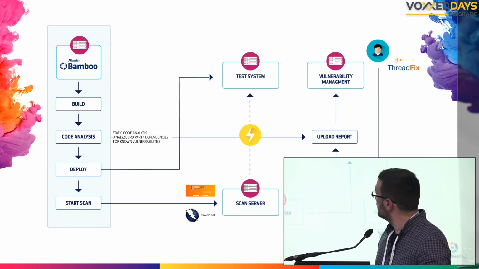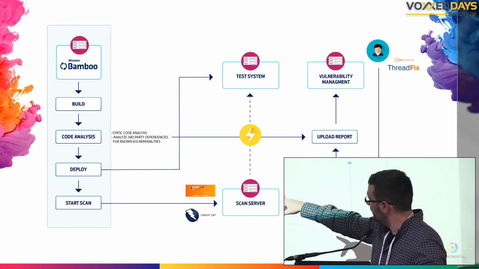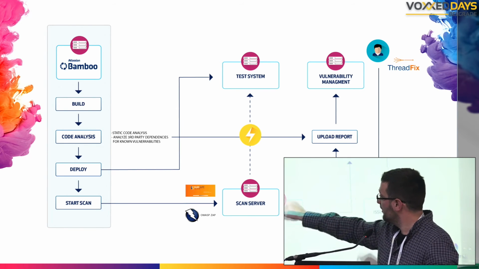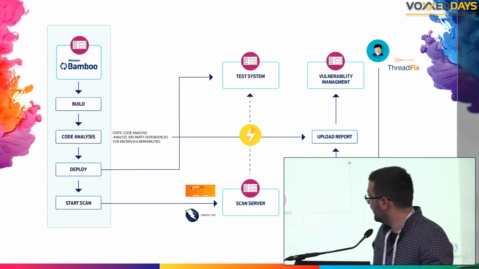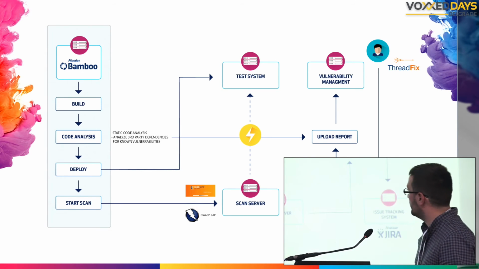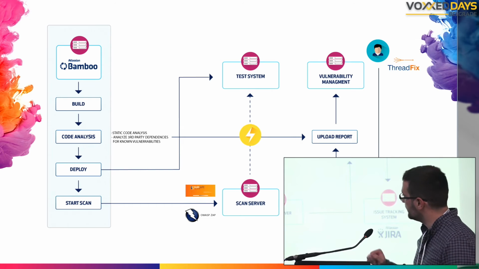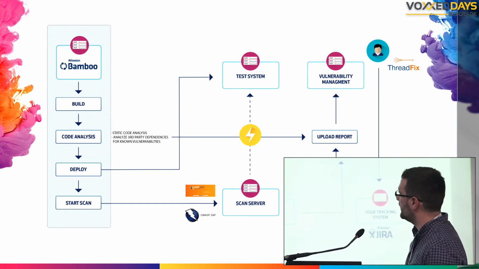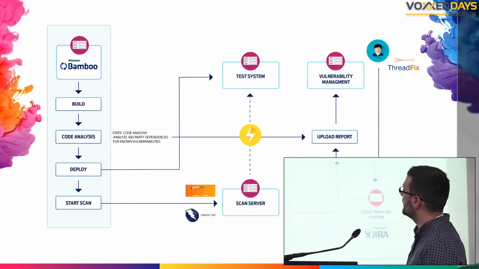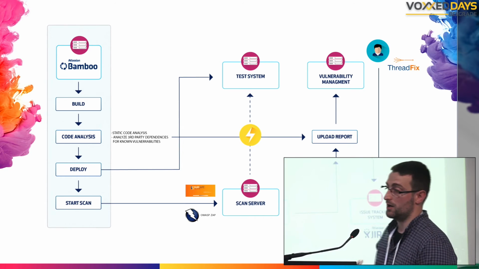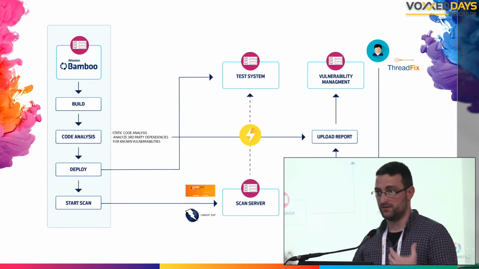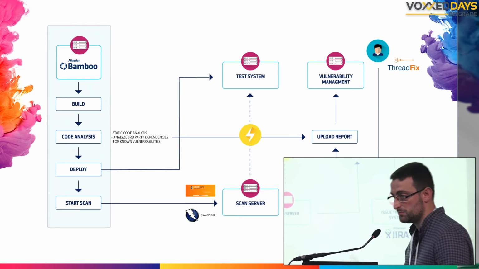Deployment is done on a test system. After the deployment is finished, we start a scan. Basically, not start a scan. This is maybe bad wording. What we start is a test suite, an automated regression test suite that was built by the team who is handling this project.